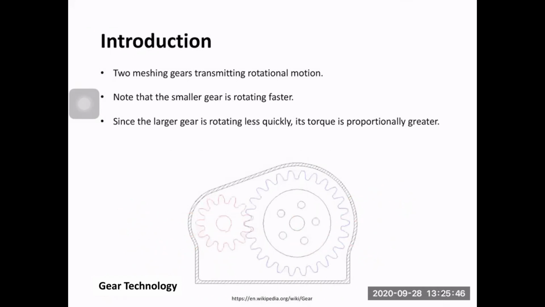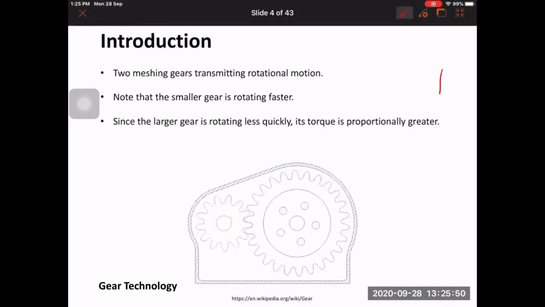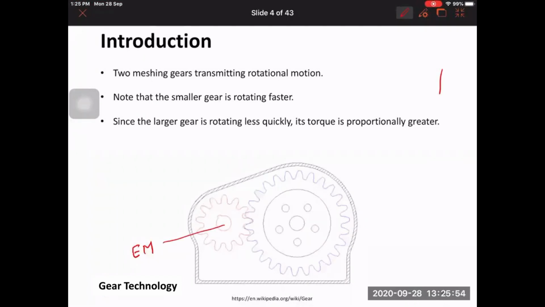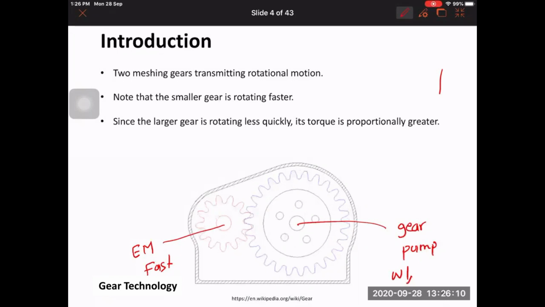Right. So if we have here an electric motor, it rotates at a specific speed. Normally it is fast. And then on this shaft, you have a gear pump, or just simply a pump. What we need here is for the speed to be small, but the torque to be high in this case.